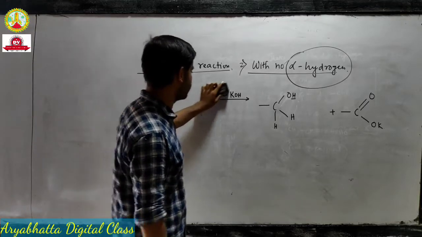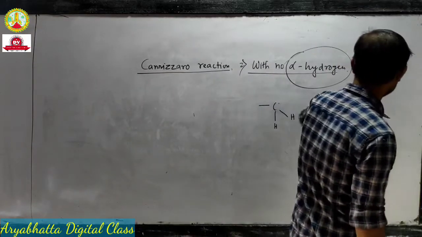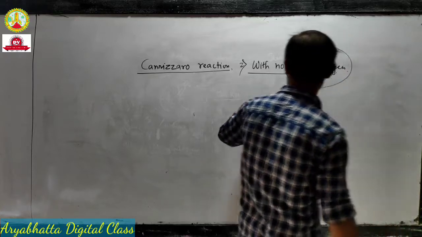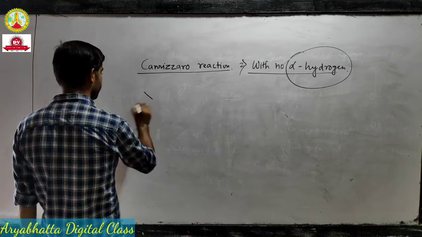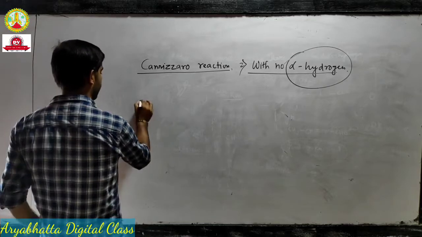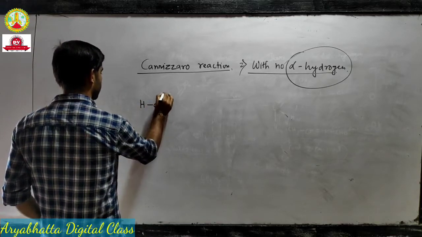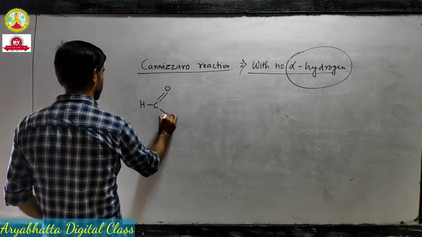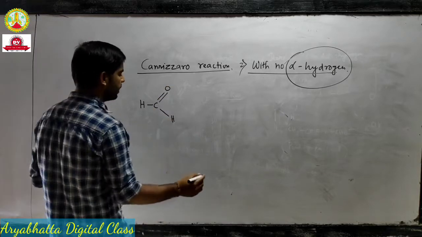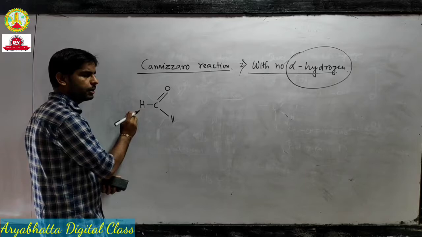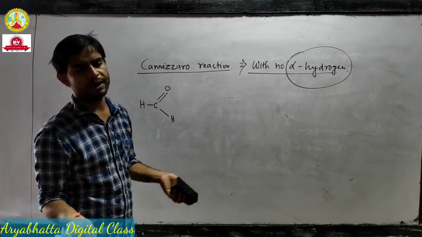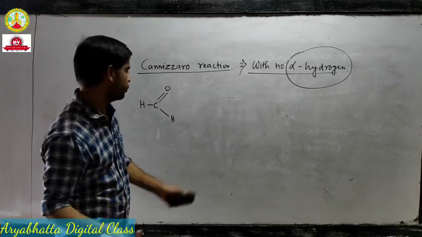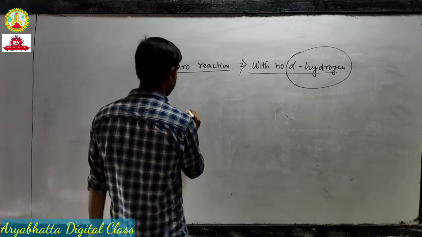Now let's see one example. Suppose we have methanal. Methanal has no alpha carbon, so there is no question of getting an alpha hydrogen. So it has no alpha hydrogen.